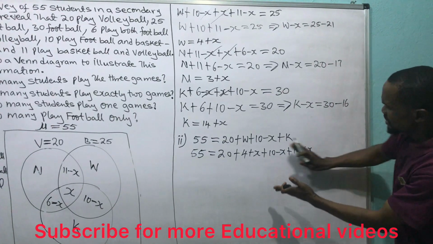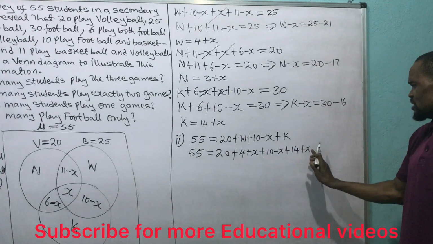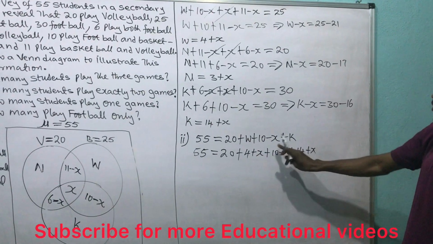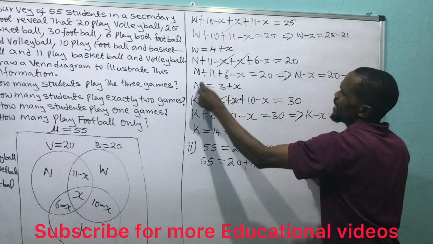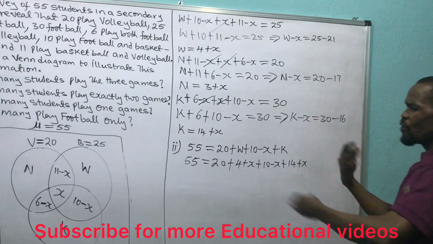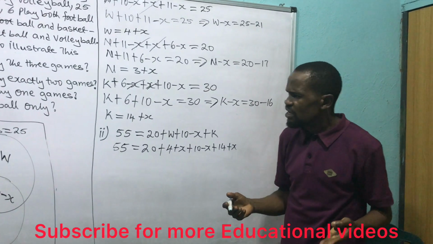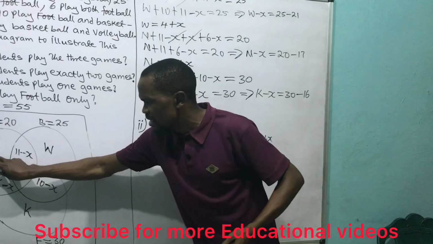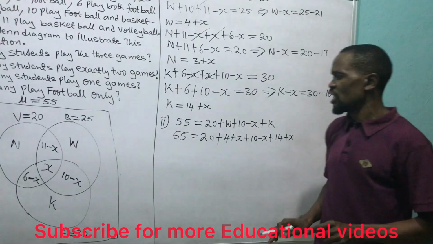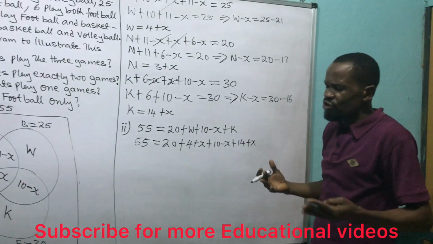You will see that what I have here is only one unknown, which is x. I get what I'm saying? Before, I had W and K. That's the reason why I've been finding W and K, so that whenever I want to apply them, I will not find it difficult. That's why I was using this circle to get my W, this circle to get my N, this circle to get my K, so that anytime I needed their value, I would not have difficulty getting them.